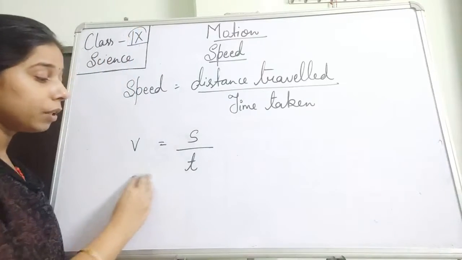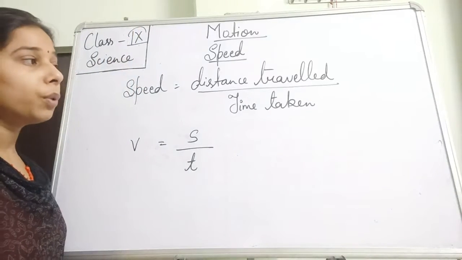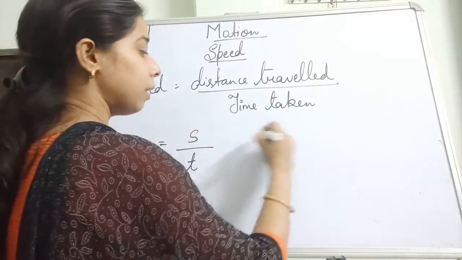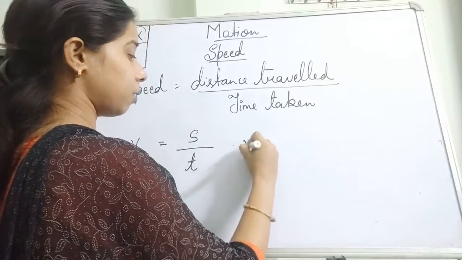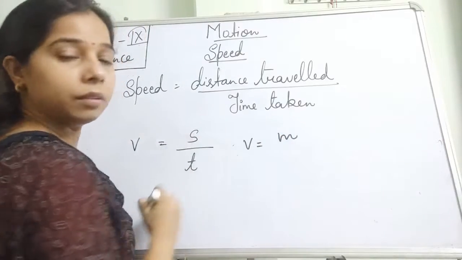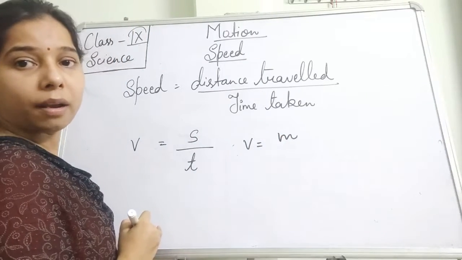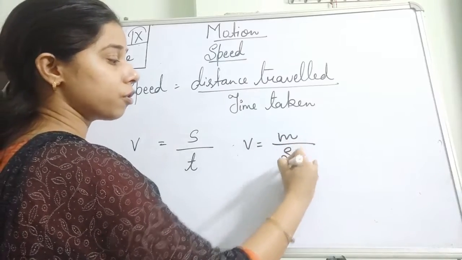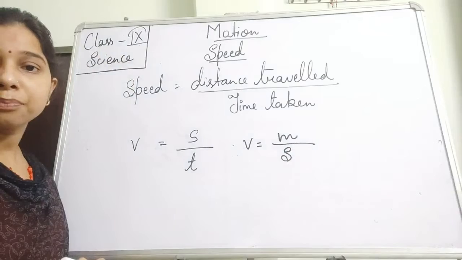But when we talk about the SI unit, we know that V is equal to distance upon time. The SI unit of distance is meter, represented by small m, and the SI unit of time taken is second, represented by s.